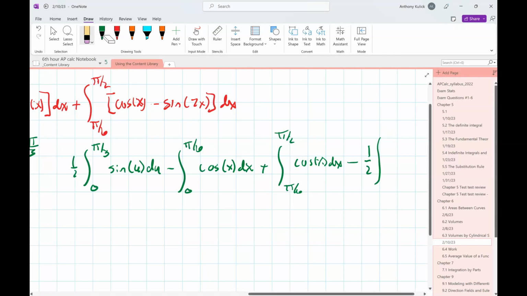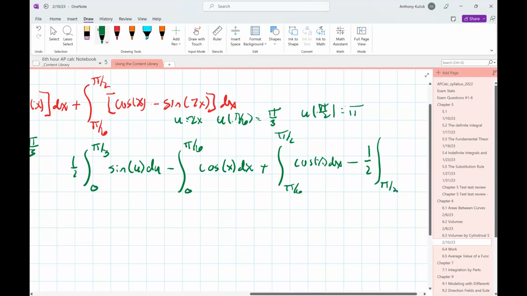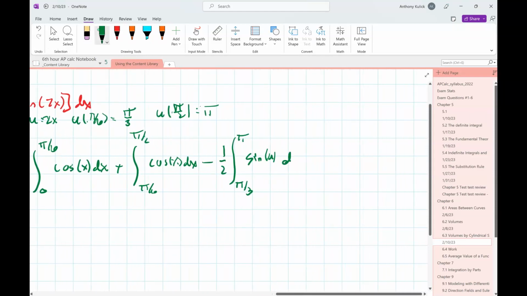I have to do another u sub here, right? So u of pi over 6 is pi over 3, and then u of pi over 2 is pi. And that'll be sine u du again.